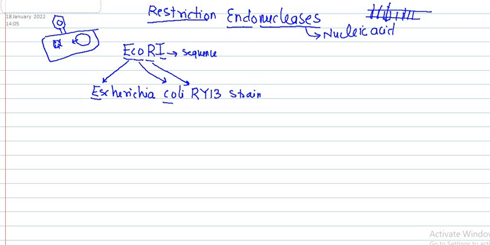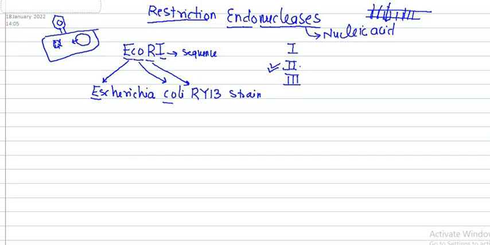So when we look at the large scale, the types of restriction endonucleases, we can see the type 1, type 2, and type 3 restriction endonuclease. And in RDT we use only restriction endonuclease type 2. Why?